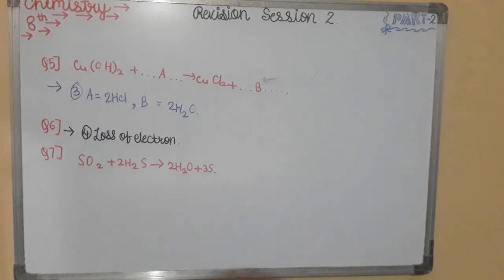I'll repeat the question. Identify the wrong term in the reaction SO2 plus 2H2S gives 2H2O plus 3S. Option 1 is SO2 is an oxidizing agent.